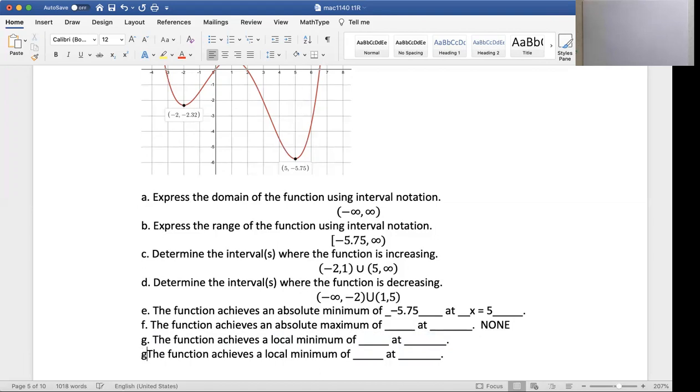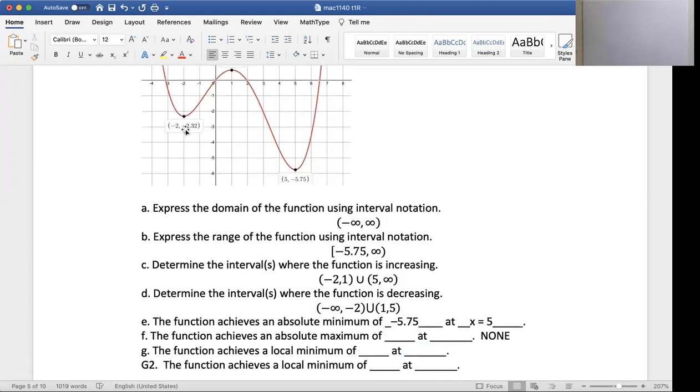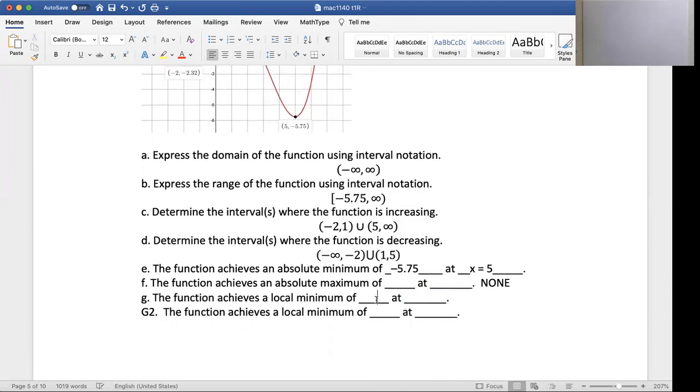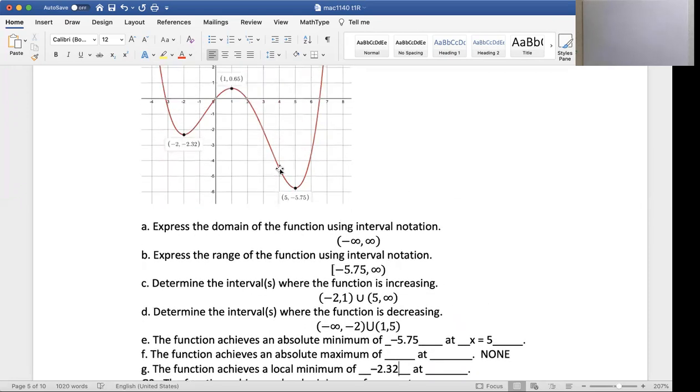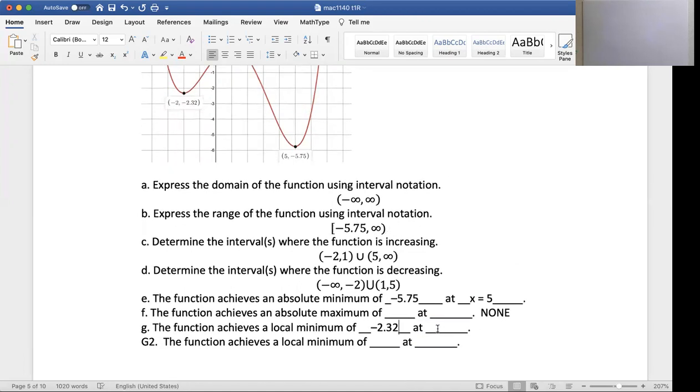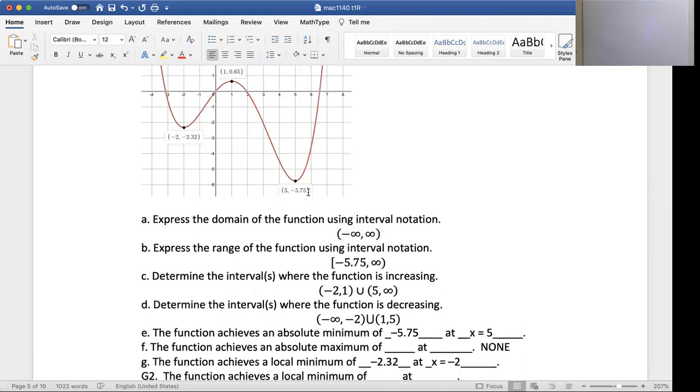So g part 2. One of the local minimums is negative 2.32. And where does that local minimum happen? At x equals negative 2. We have another local minimum of negative 5.75.